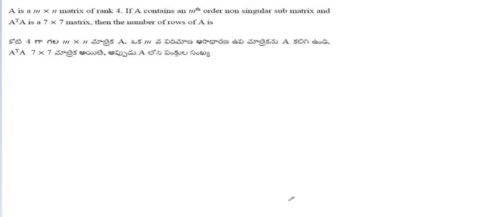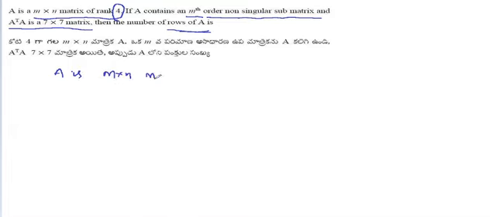If capital A is an m by n matrix of rank 4, and A contains an mth order non-singular submatrix, and A transpose into A is a 7 by 7 matrix, then the number of rows of A is dash. Here capital A is given as an m by n matrix, the rank is given, that is 4.